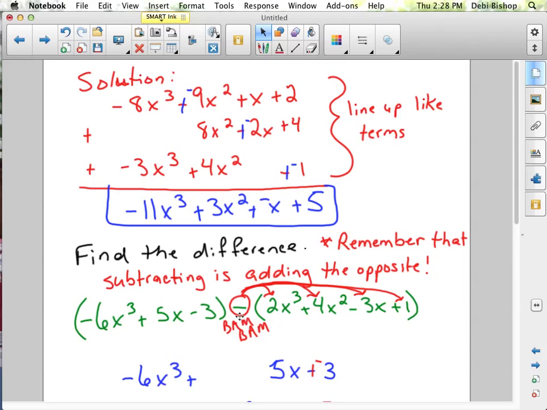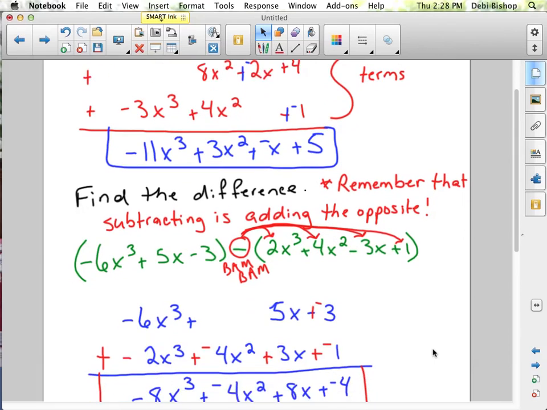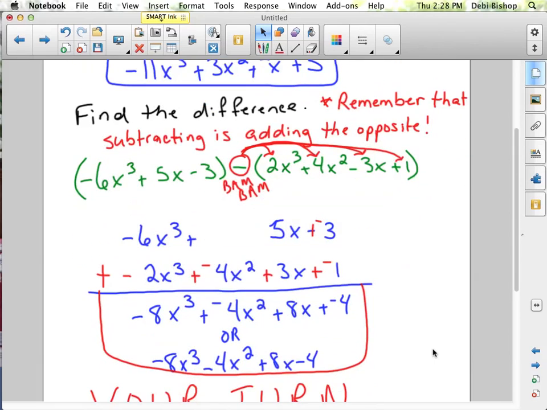One of the most common places where students make mistakes is forgetting to distribute the negative sign. So I'm going to set it up in my vertical format. And again, I leave spaces or gaps where there is no term. So I have negative 6x cubed plus 5x plus a negative 3. Leave this. Now I went through and I distributed it already, and that's why I'm adding this.